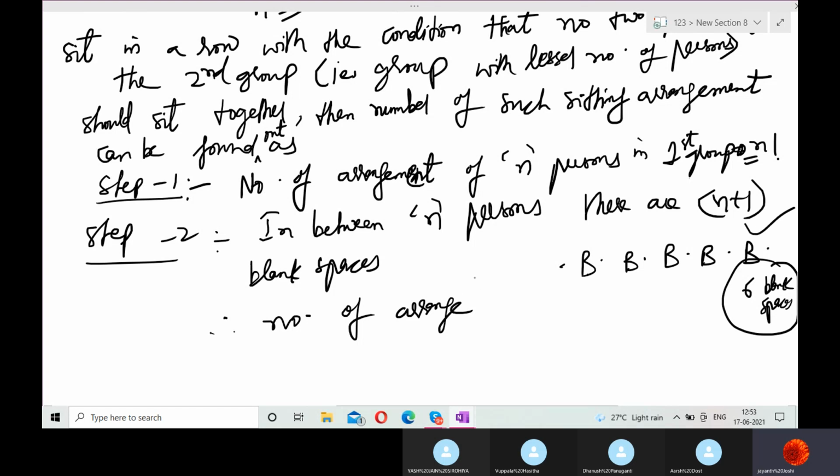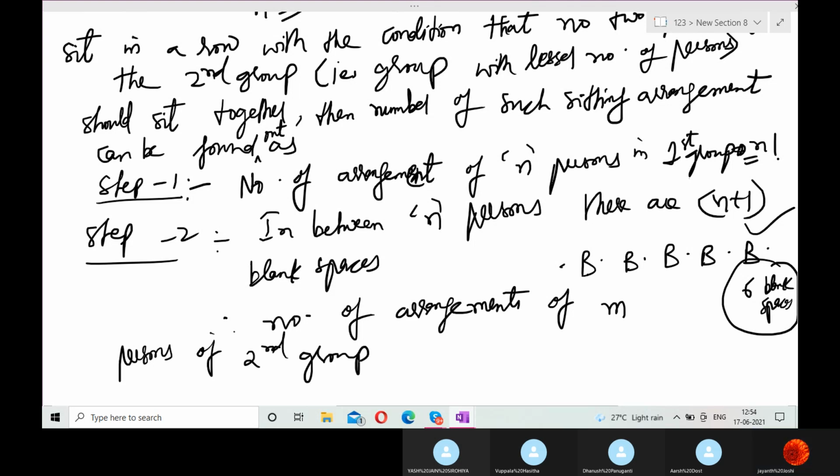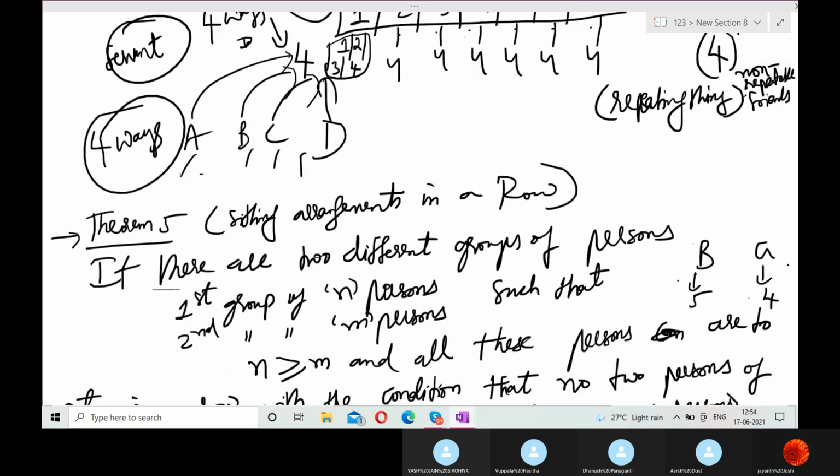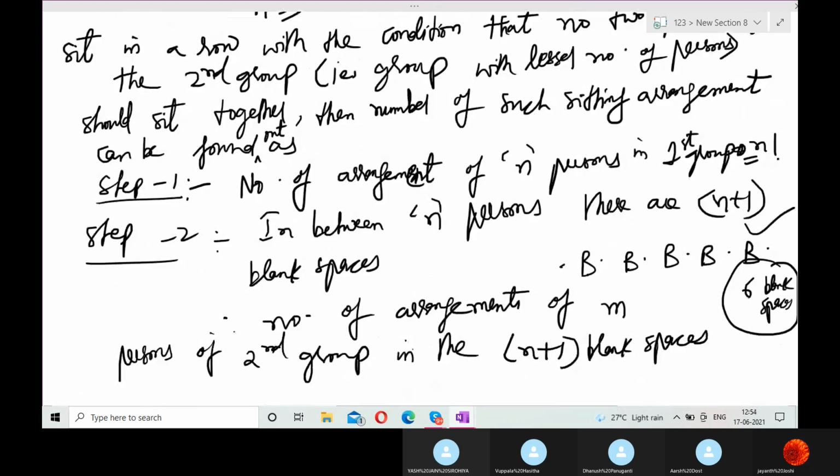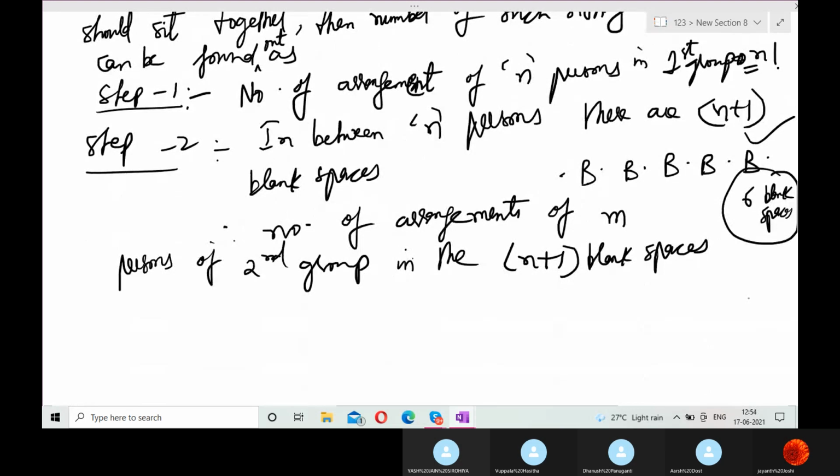So the number of arrangements of m persons of the second group in the n plus 1 blank spaces is equal to n plus 1 P m.